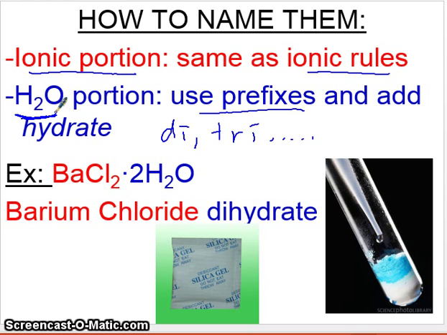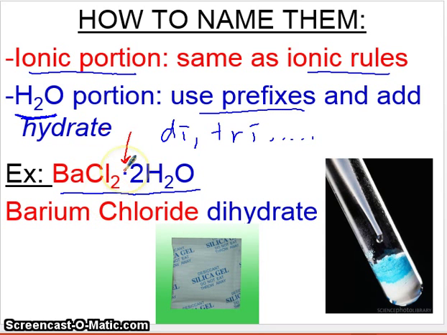So here's the big example, and then we'll try a bunch of examples together. So here we have BaCl2 dot 2H2O. Now this dot right here actually means that the water is bonded to the barium chloride. And there are actually 2 water molecules for every one of these ionic compounds.